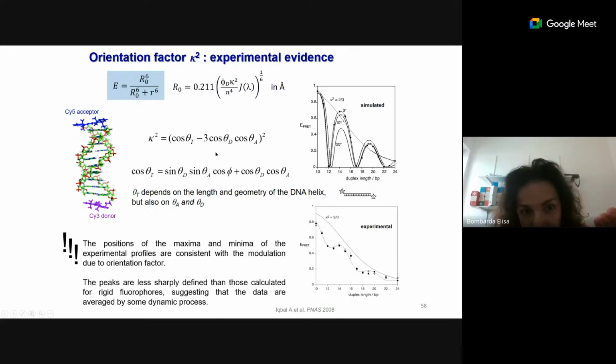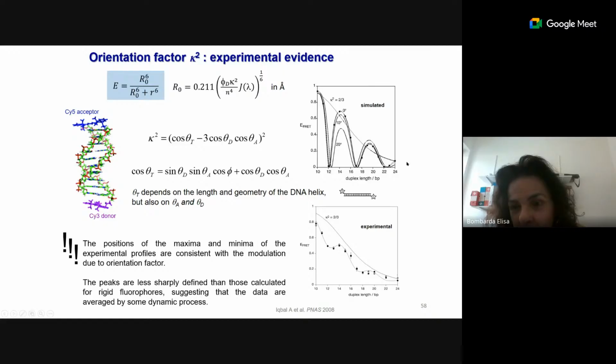Considering that theoretically we know how the orientation factor is defined, that was the simulation, that was what was expected, considering that we also know how the orientations are in a DNA molecule. So that was the simulation, what was expected, and that is the experiment.